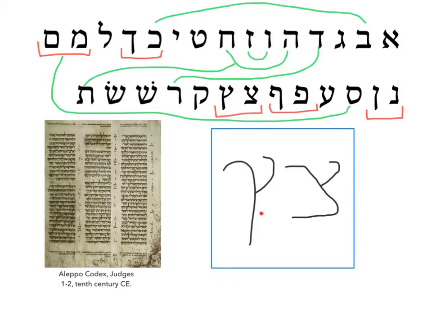But as always, we see that it extends down below the line, and that's the telltale sign of our final characters. So that's what we have there for our final set of medial and final characters.